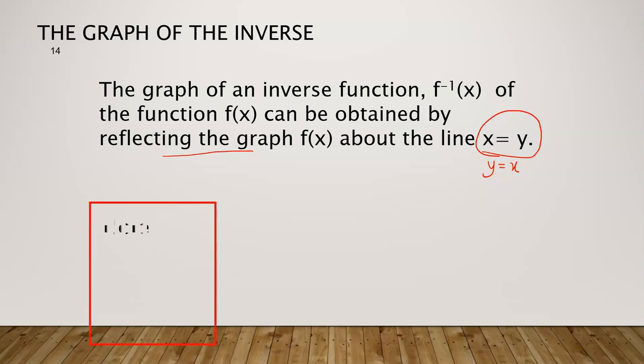Please take note that the domain of f is equal to the range of the inverse, and the range of f is equal to the domain of the inverse. You remember from the earlier slide just now.